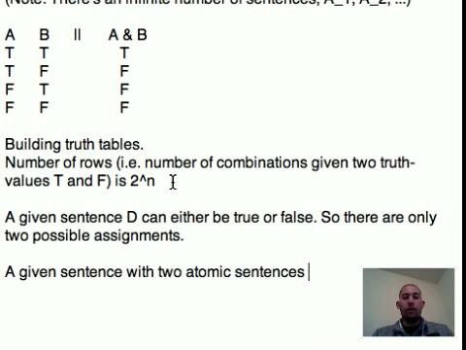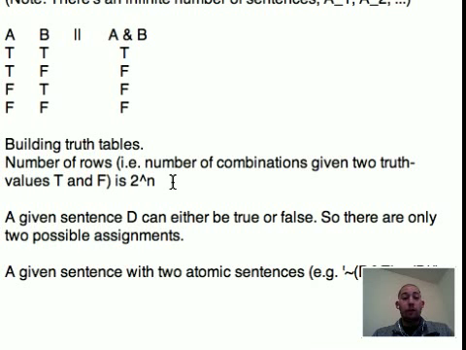So this will be sentences like not D and E, or D. So if we have this sentence, for example, this one only has 2 atomic sentences, E and the sentence D. Since each of them only can have 2 different truth values, then in total there's 4 different combinations to work out.